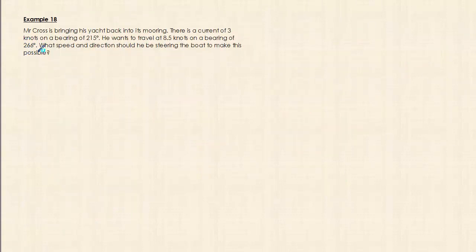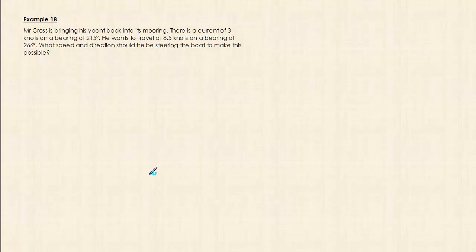Mr. Cross is bringing his yacht back into its mooring. There is a current of 3 knots on a bearing of 215 degrees. He wants to travel at 8.5 knots on a bearing of 266 degrees. What speed and direction should he be steering the boat to make this possible?